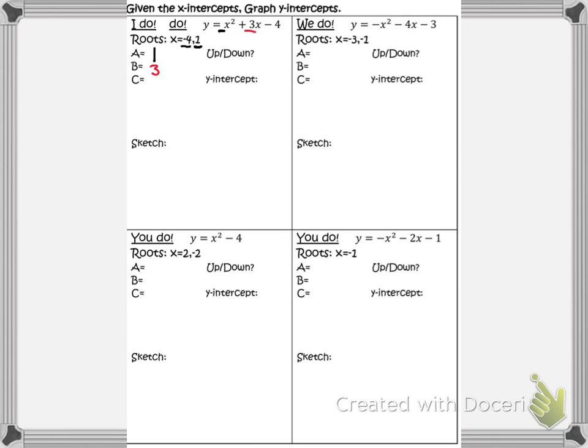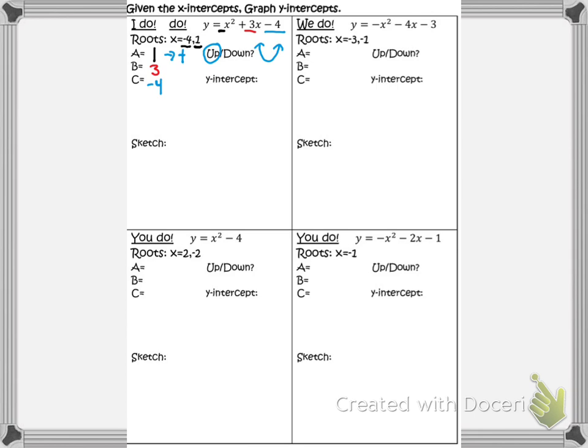And my C value will be negative 4. Again, note that A, B, and C do not include any variables. They are just either the coefficients or the constant. Alright, so does this open up or down? So with an A of positive 1, if it's positive, that means it opens up like a smiley face. Like this.